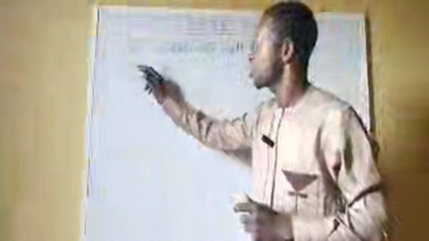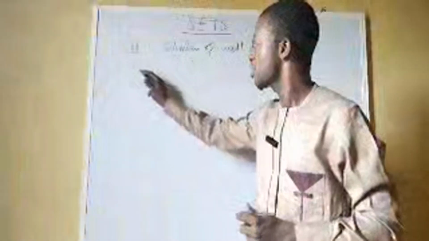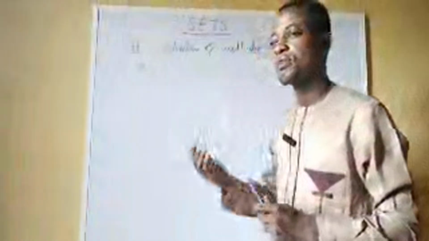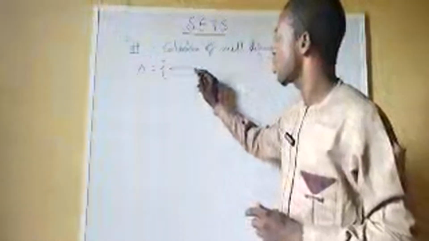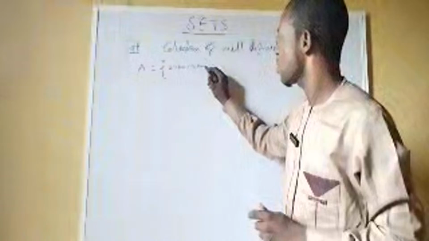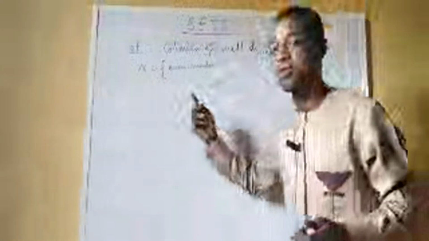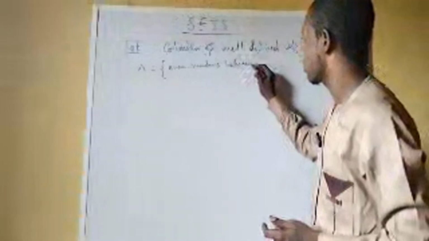And we use some notation in sets. For instance, a capital letter is usually used to represent the set. Let set A be the set of even numbers between 1 and 10.